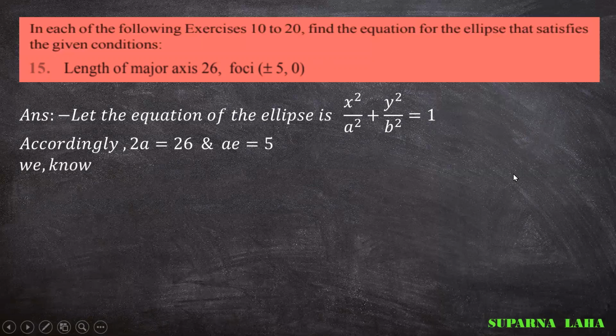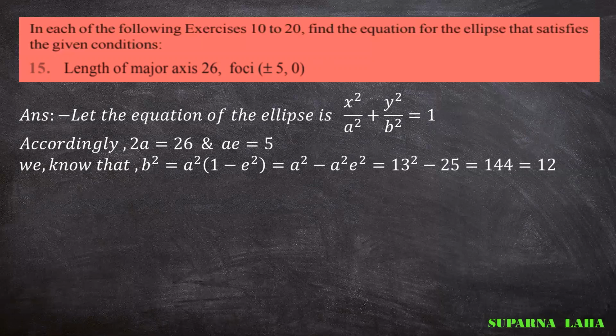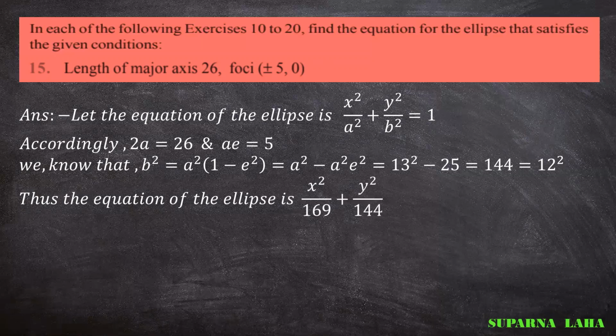From here you can easily find the value of a, which is 13, and the value of b: b square is 12 square, so b is 12. So now write down the equation of the ellipse, given by x square by 169 plus y square by 144 equals 1, which is the required equation of the ellipse.